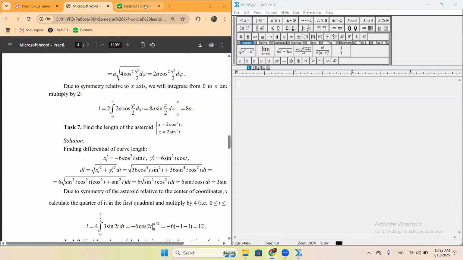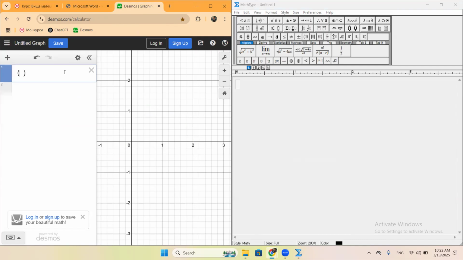Let's first of all plot the asteroid, just to understand how it looks like. For t from 0 to 2 pi. So how does it look like?